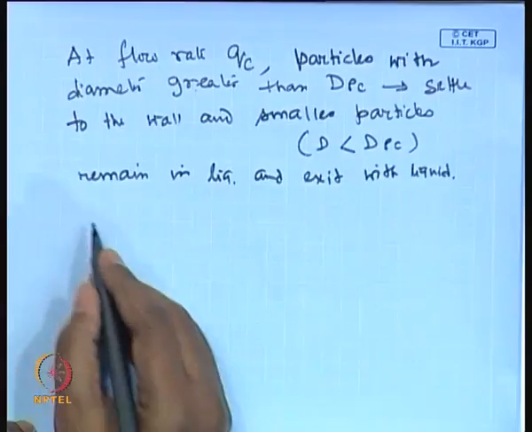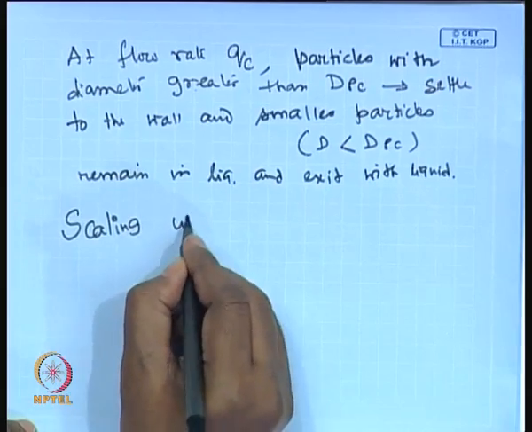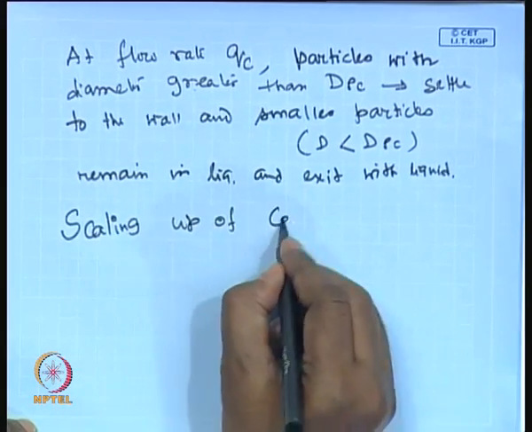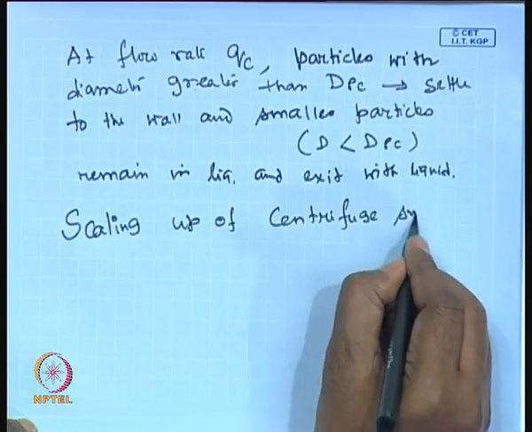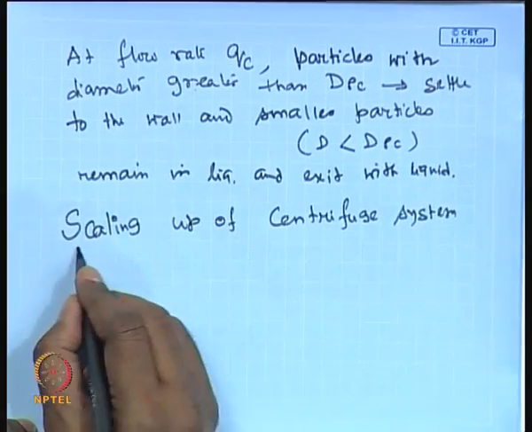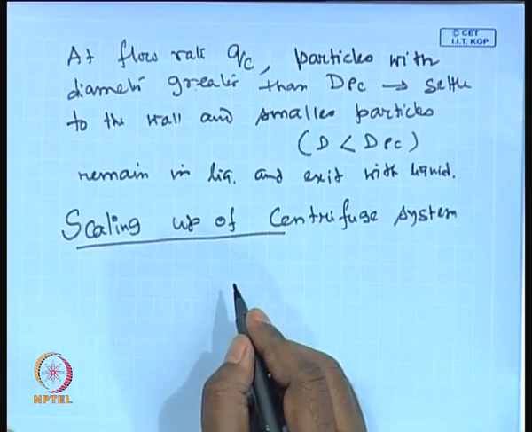Now, let us talk about the sigma values and scaling up issues. Scaling up of a centrifuge system is very important, because you will be conducting all the experiments in a laboratory scale centrifuge. Now, if you would like to scale it up, you have to go for the industrial level centrifuge, which is larger in size.